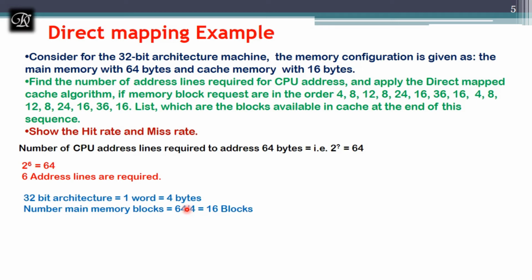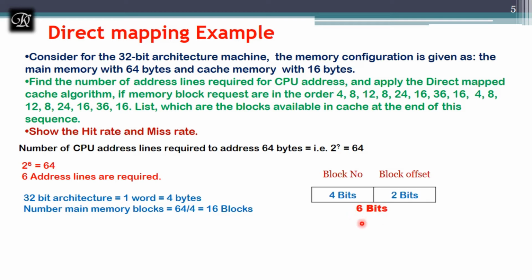When I take 64 divided by 4, the word size, I get 16 blocks. It means my main memory has 16 blocks. And out of 6 bits, how many bits are required to represent the block offset?